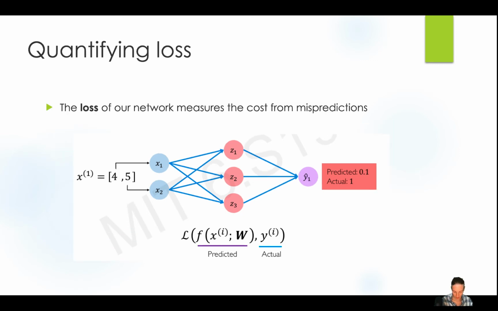Now we can use the loss of our network to measure the cost from mispredictions. So L is a function that measures the loss based on the model weights and the actual values. We call this function L, the loss, that takes as input the predicted values, compares them with the actual labels, and the predicted values are based on the current weights of the network.